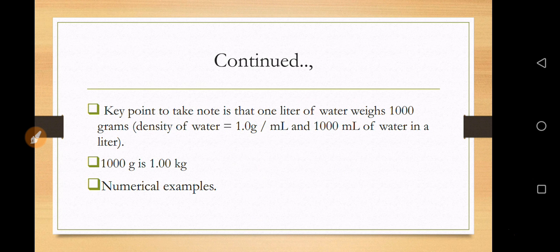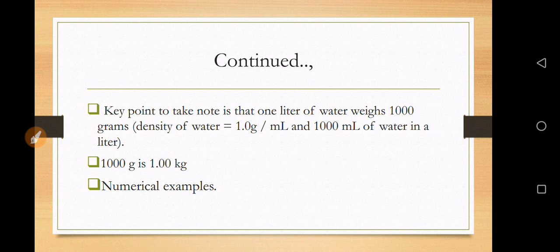Okay, another thing which we have to take note of is that in any question we'll either be given a density or not. Whenever we have been given a density, we'll be using that particular density to convert from milliliter to gram, or from liter to kg, and we will be using that particular density which we have been given to convert from one unit to another.